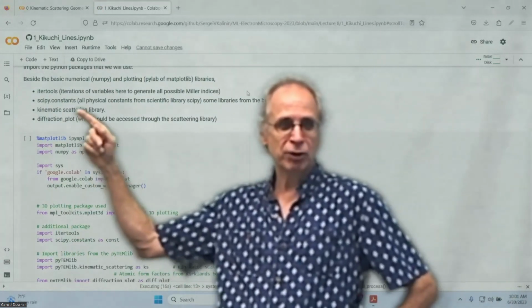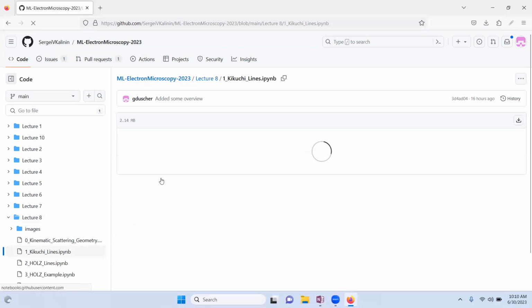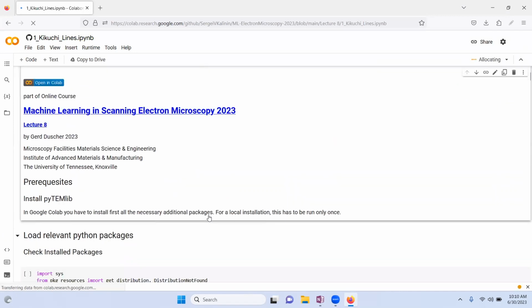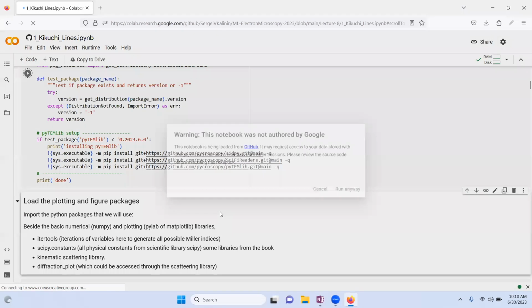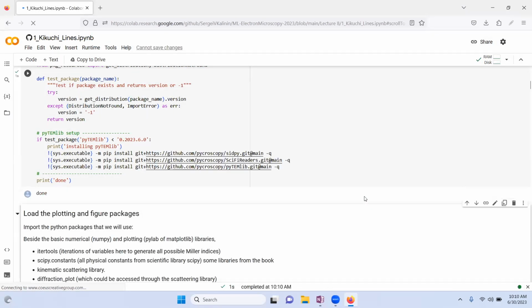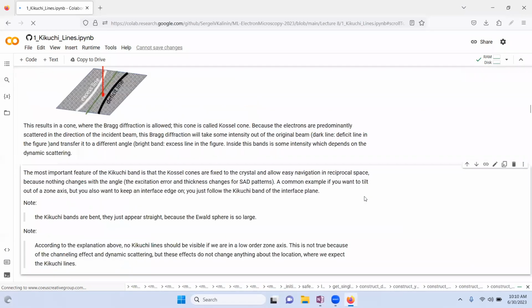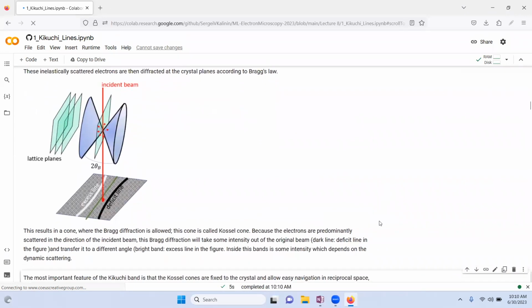For getting all the different Miller indices, we were at the Kikuchi lines before we got so rudely interrupted by this thunderstorm, I guess. That didn't happen before. So we were talking about these diffraction patterns and how they are related to Bragg reflections.